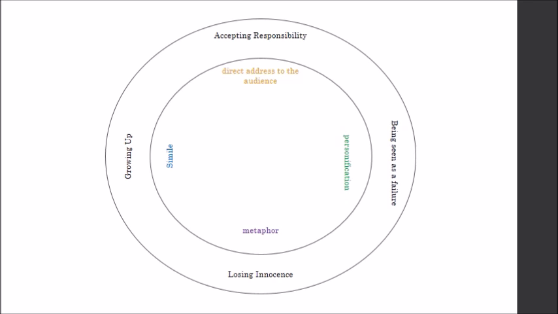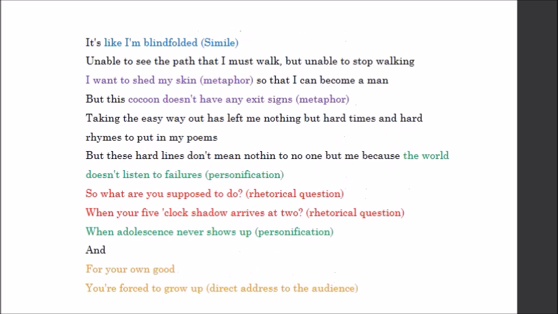I've linked the metaphor to losing innocence, this idea of his skin being shed, almost like his childhood being shed, or trying to escape from his childhood. Personification, it talks to the fact the world doesn't listen to failures, so he's personified the world in that case, and that's really linked to that theme of being a failure. And of course, accepting responsibility links to when he says, you're forced to grow up, for your own good. And that's really where he brings in that direct address to the audience. So I've tried to think really carefully about the link between that.